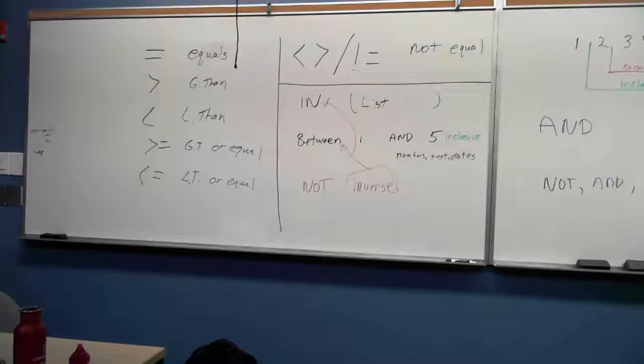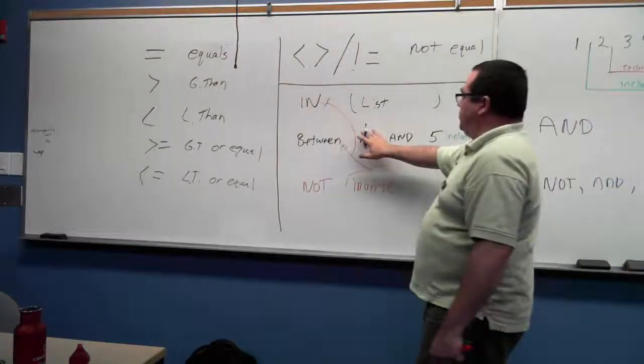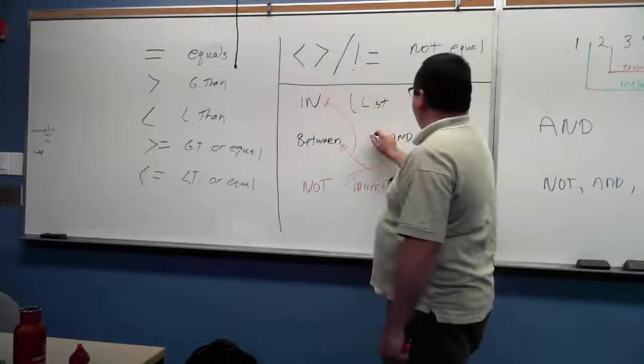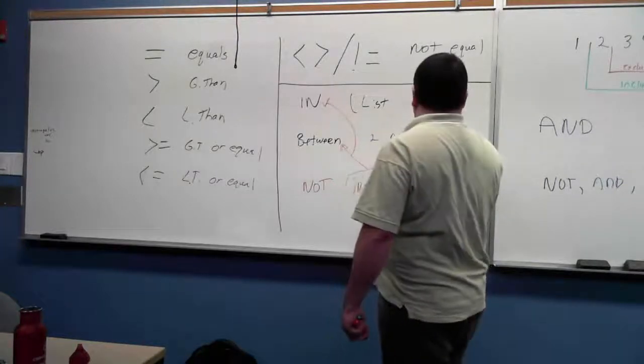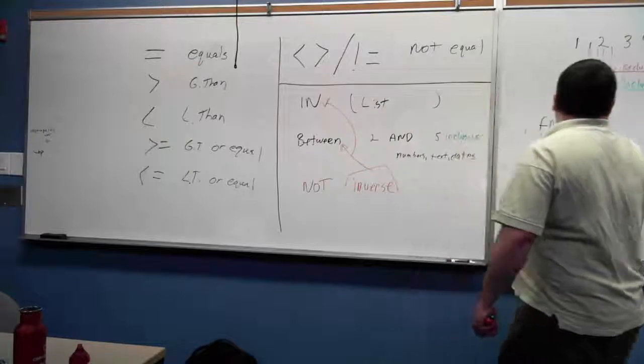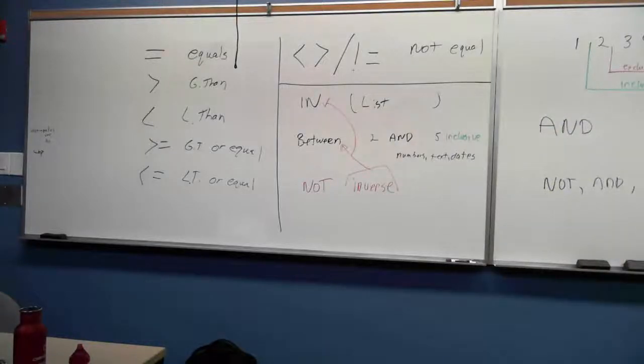Like that, which they've now shorthanded down to, if I were to write it here, the same way would be between 2 and 5. That's the shorthand version of this. Obviously, if you want to make it exclusive, you just do this. Get rid of the equal sign, now it's exclusive.